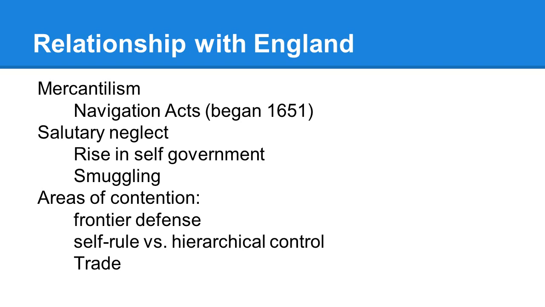So there are specific areas of contention between England and these colonies, and one of them very specifically is frontier defense. Why is the crown not protecting those people out in the frontier, the western part of these colonies? There's no protection for them. The richer people live along the shore.